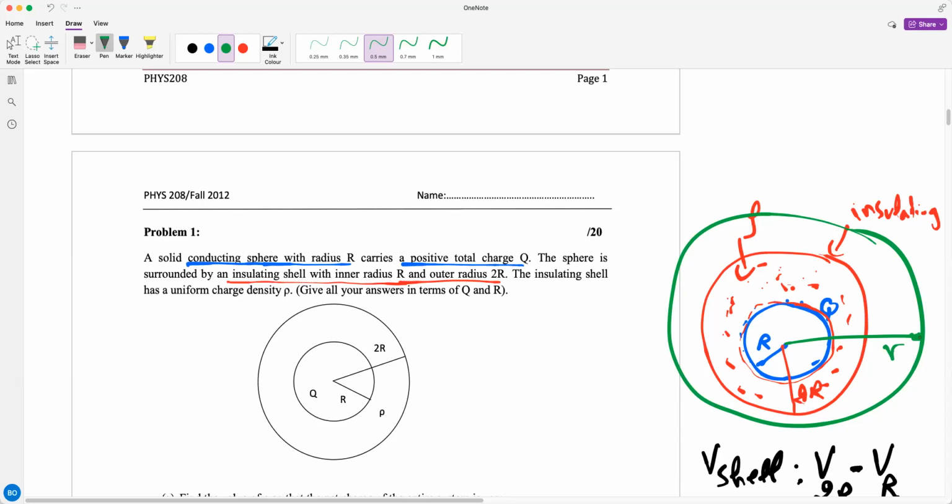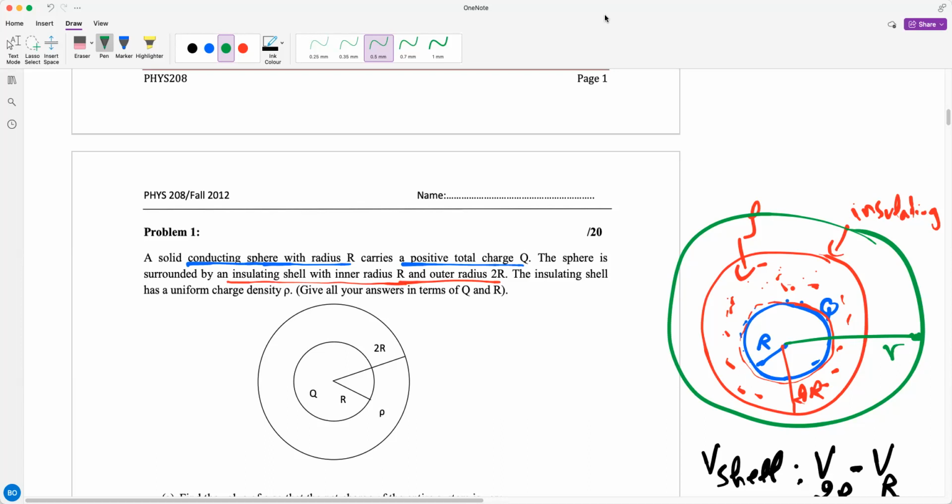What is the total charge inside this system, this green sphere? Exactly, 0. Because I already gave you in the first question, find the value of rho so that the net charge of the entire system is 0.